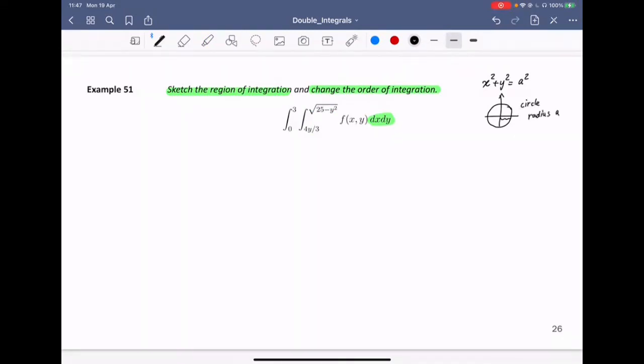I don't know your background, so some of you may have forgotten even how to draw a circle. But keep in mind, if you see this equation, this is just a circle with radius a.